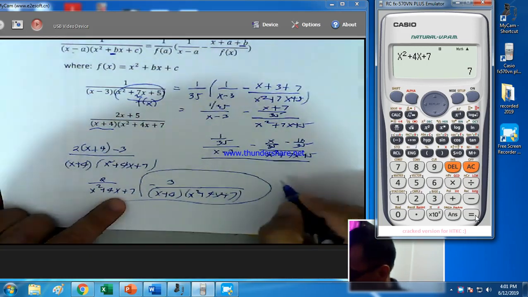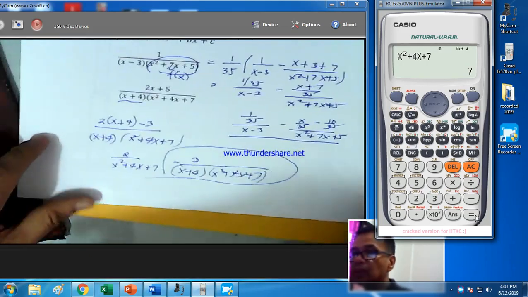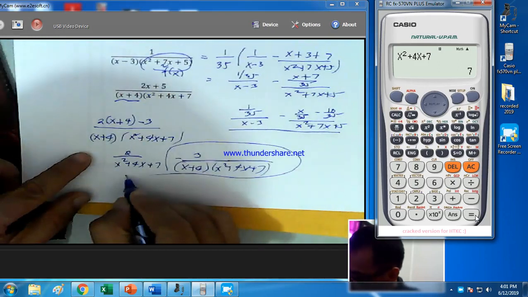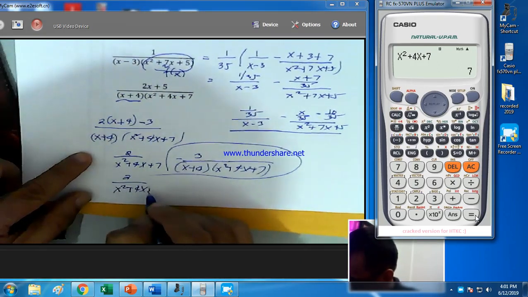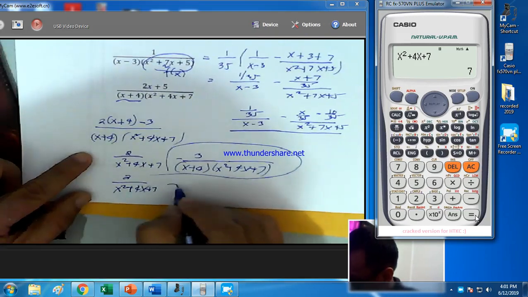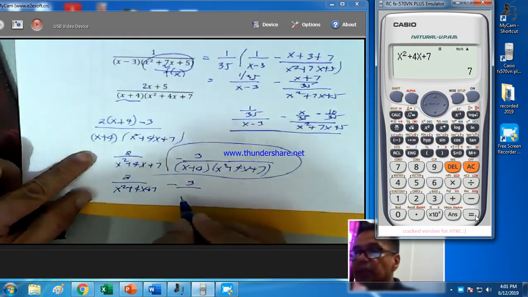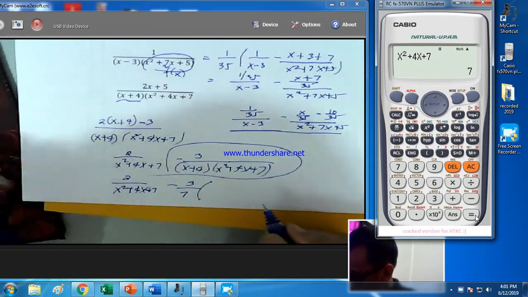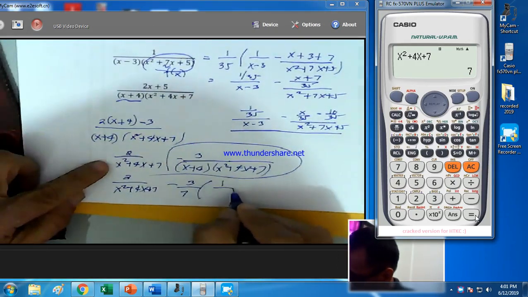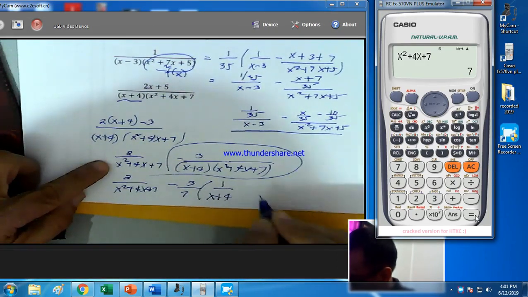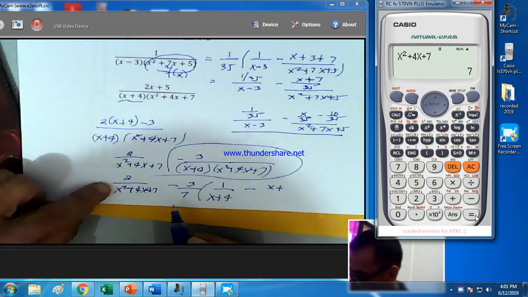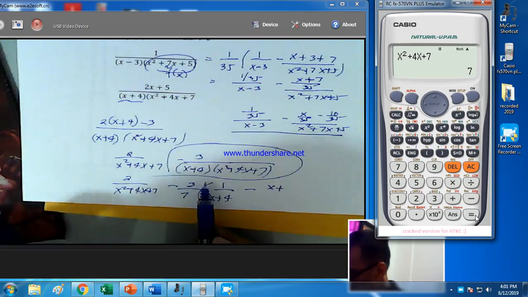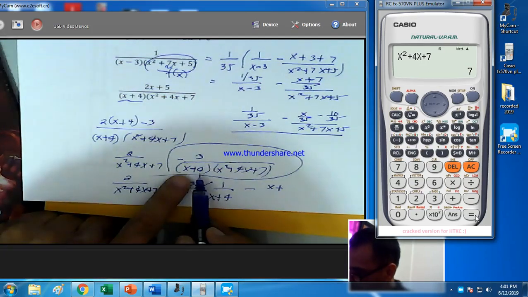So therefore, this is the same as 2 over x squared plus 4x plus 7, minus 3 over 7 times [1 over x plus 4, minus (x plus a plus b) over x squared plus 4x plus 7].